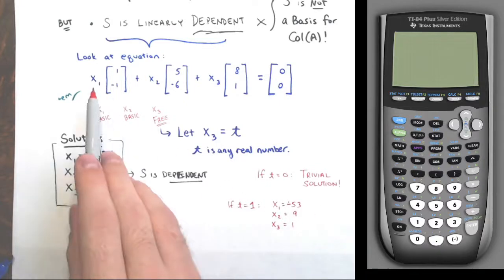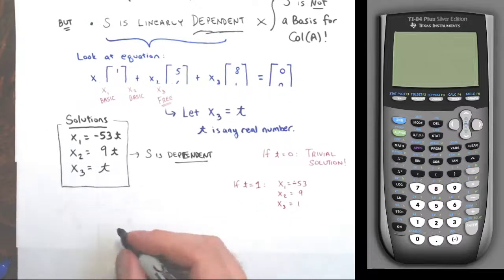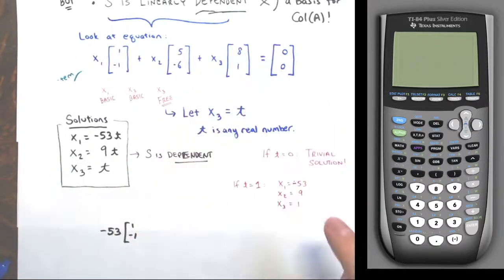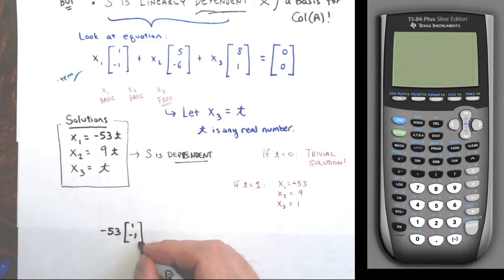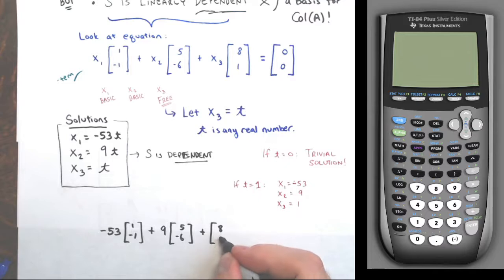Then you could check it out: take negative 53 times that first vector 1, negative 1, replacing x1, x2, and x3 with these numbers, plus 9 times the second vector 5, negative 6, and then plus 1 of the third vector 8, 1, should be equal to the 0 vector.